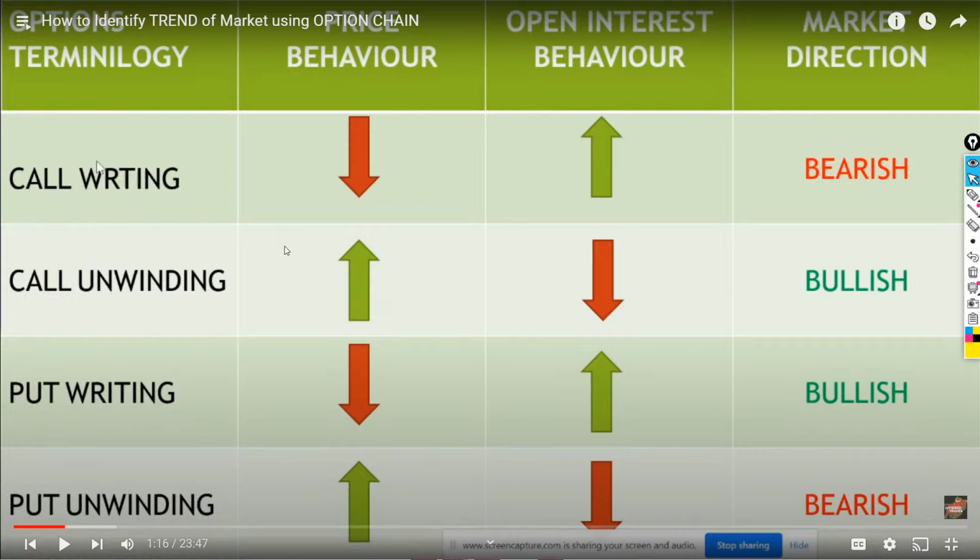Again, I'm repeating, as an option seller, what does the seller require? This is very important. Quick, friends, fast. Should the premium increase or decrease for you to get into profit?